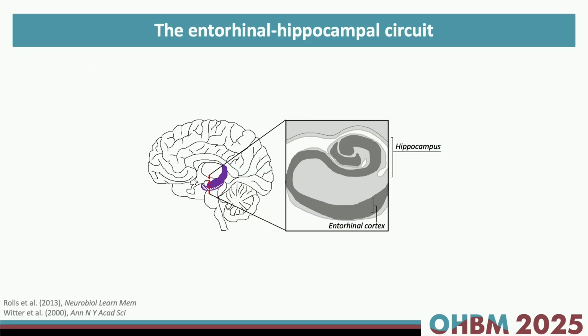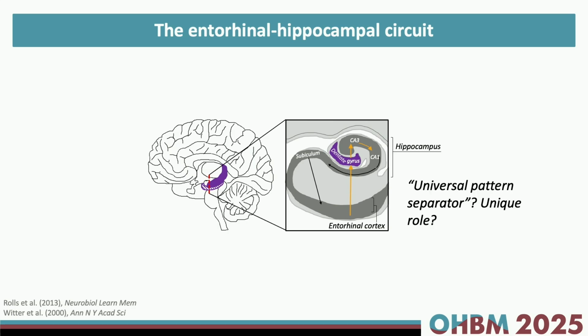We've already heard a lot about entorhinal hippocampal circuits today. So we know that different hippocampal subfields are arranged in this particular trisynaptic pathway, and the idea here is that the dentate gyrus might be specifically acting as a bottleneck for pattern separation. So input coming into the dentate gyrus is decorrelated and then passed along to other regions, so it is termed a universal pattern separator.